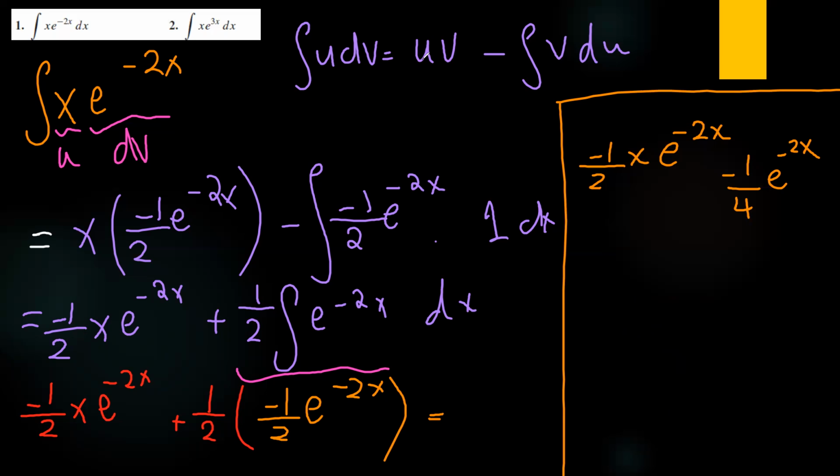Is it clear? Yes, teacher. Right. Let's solve number 2 now. We need to find the integration of x times e to the power 3x dx. So this is u and this is dv.